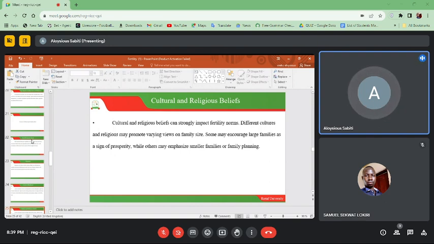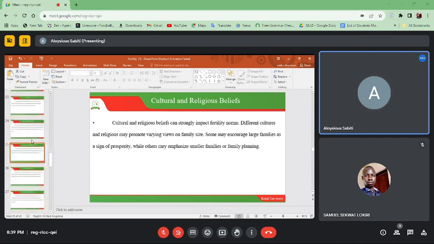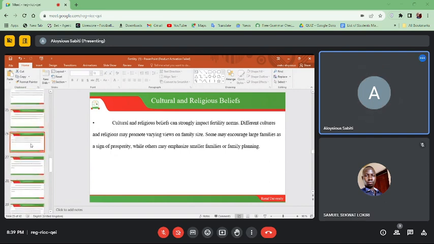So some of these cultural or religious beliefs influence the growth of populations. However, there are also some cultural or religious beliefs that may not allow people to use contraceptives and family planning methods, and therefore control of conception may be very hard.